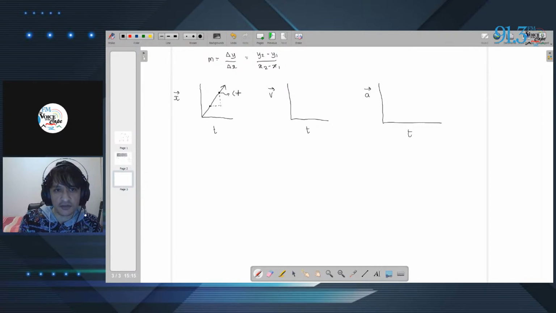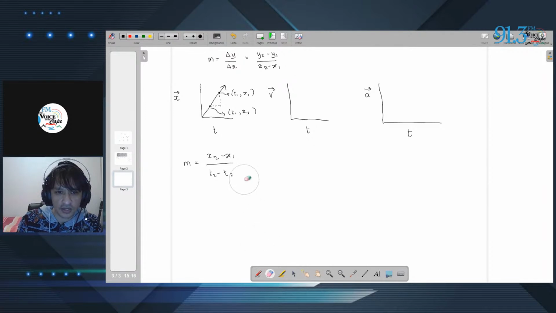At this point we'll have t1 and x1, and at this position, we could call it t2 and x2. Now, our gradient, if our y values are x, is going to be x2 minus x1 over t2 minus t1.